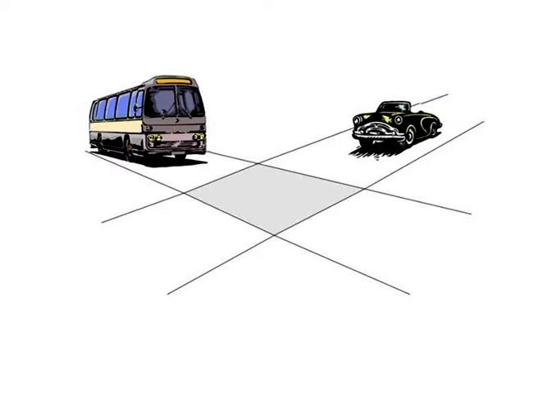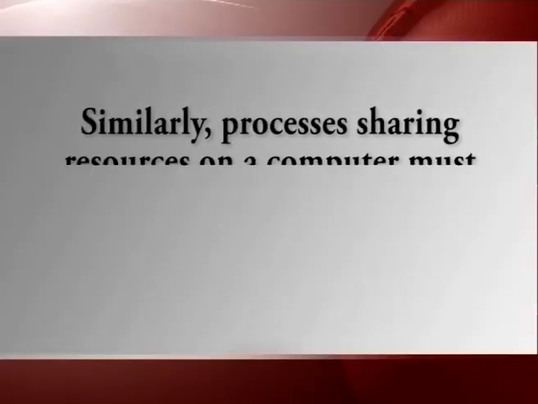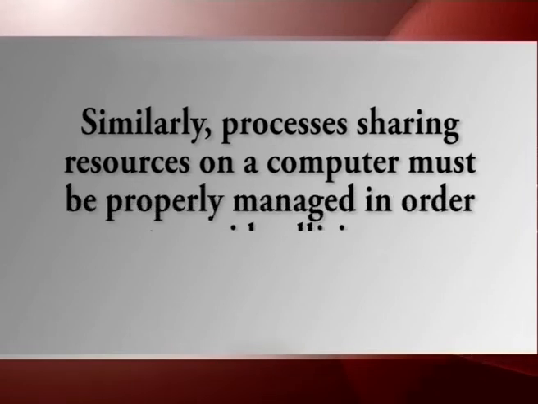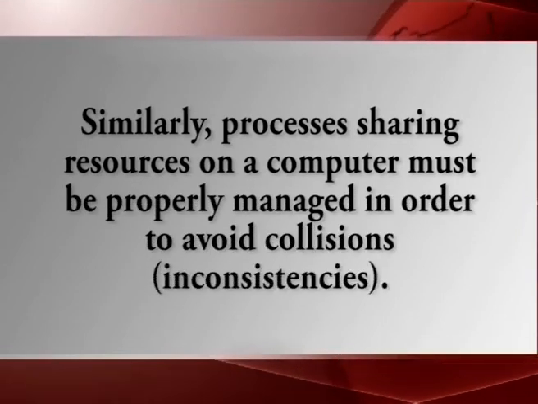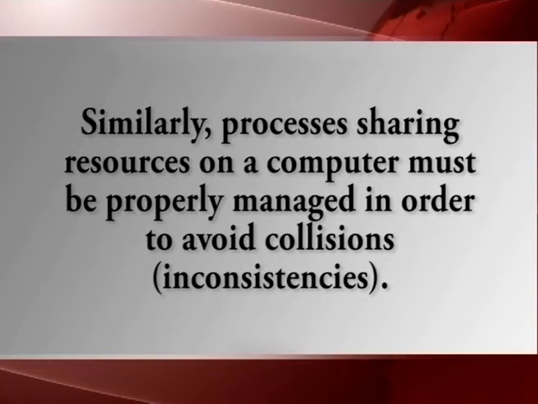But what happens when both processes are active and they both arrive at the road intersection simultaneously? In this case, the shared resource becomes a problem. They cannot both use the resource at the same time or a collision will occur. Similarly, processes sharing resources on a computer must be properly managed in order to avoid collisions.